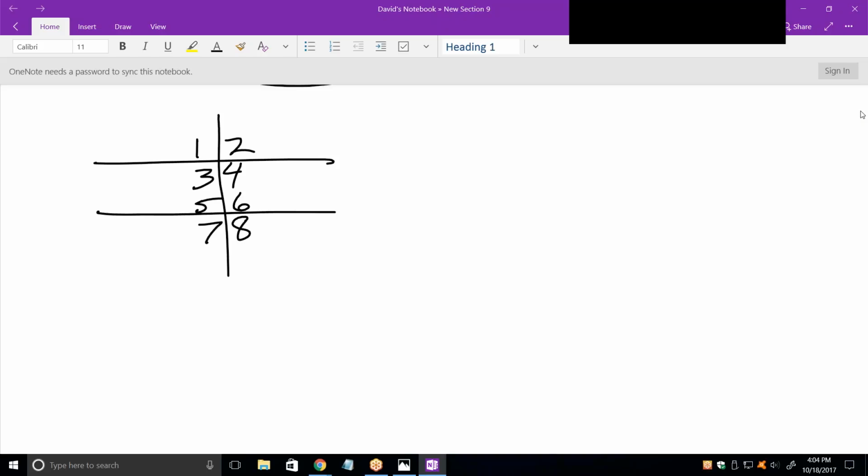So tell me which angles are equal. Angle 1's equal to what? Think vertical angles. Angle 4. Angle 2 is equal to what? Angle 3.